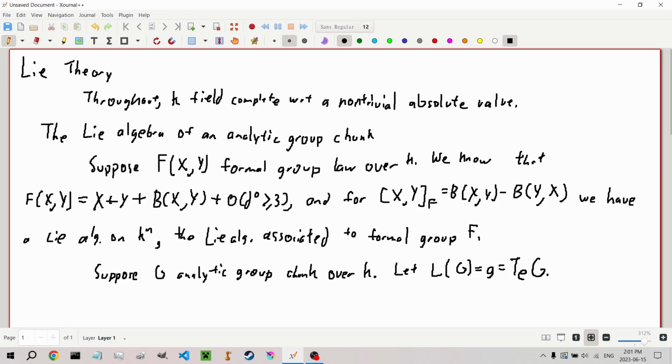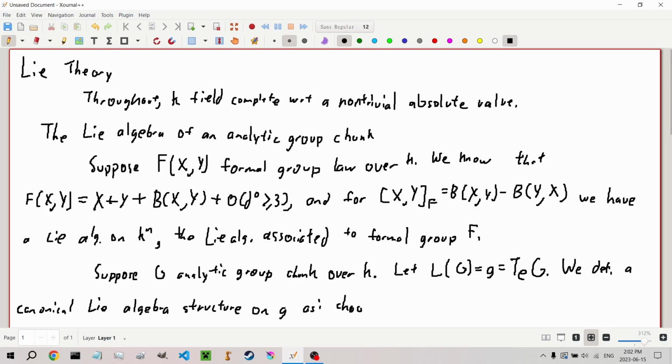You see, I wasn't lying. And we define a canonical Lie algebra structure on g as follows.